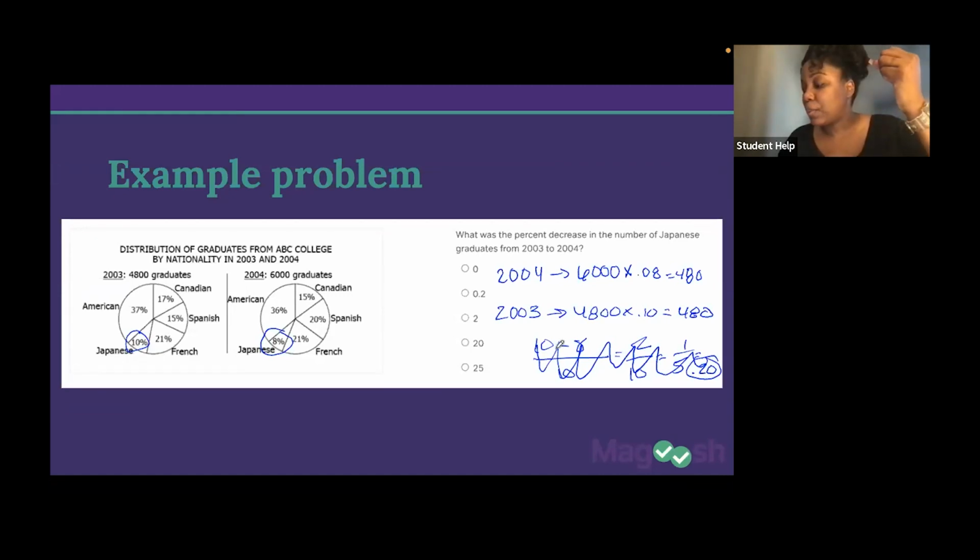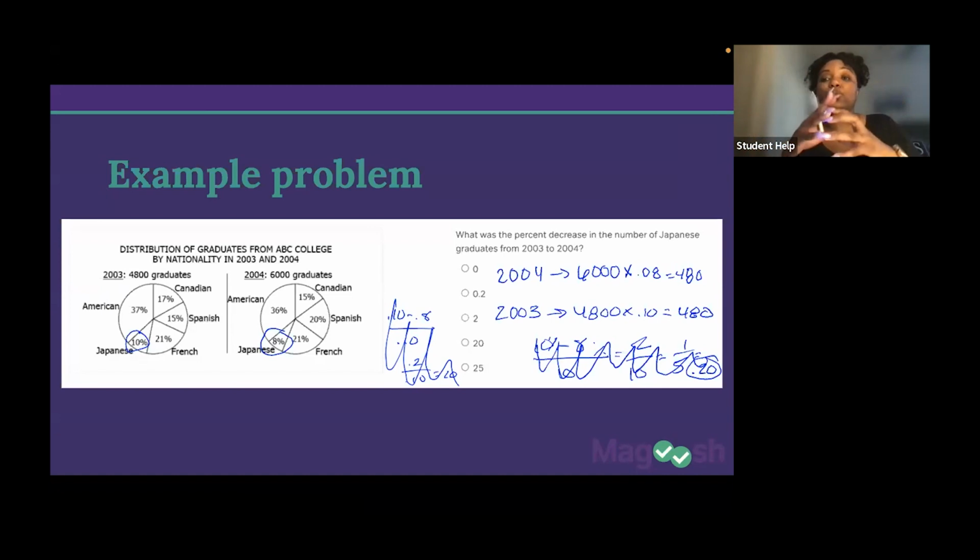We can't do that with percentage points. Maybe somebody did that and got 0.2, and then from there got 20. That mistake makes complete sense.